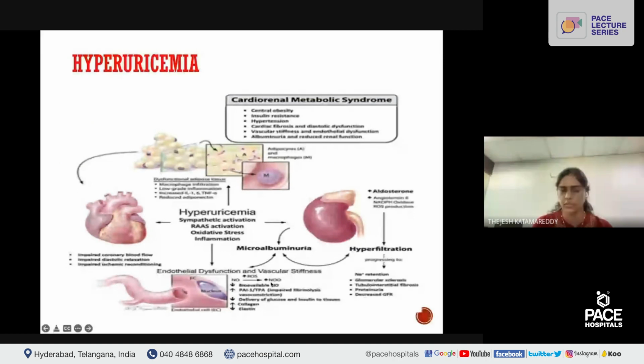In the same way, it impairs the coronary artery blood flow, diastolic relaxation, and ischemic preconditioning. In the same way, hyperuricemia leads to increased aldosterone, increased angiotensin 2, and NADPH oxidase production, thereby causing hyperfiltration of the kidney, leading to sodium retention, glomerular sclerosis, tubulointerstitial fibrosis, proteinuria, and decreased GFR.